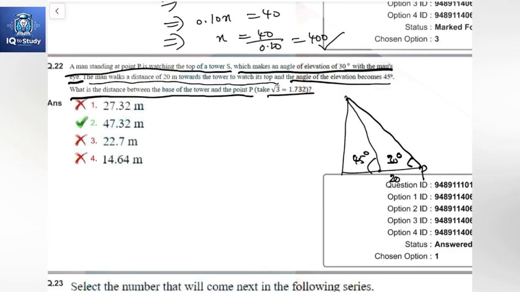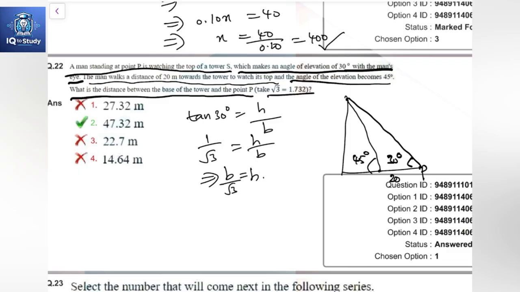We know that tan 30 degrees is equal to height by base. Tan 30 is 1 by root 3, that is equal to h by b, which implies b by root 3 is equal to h.